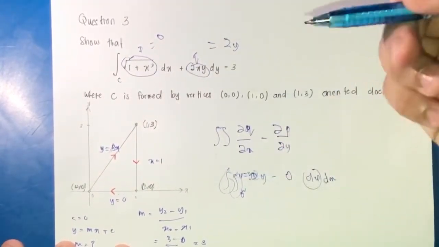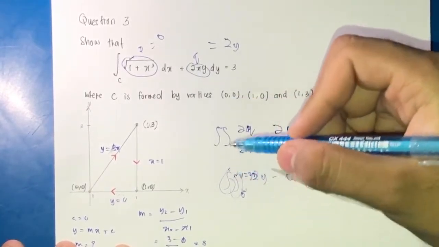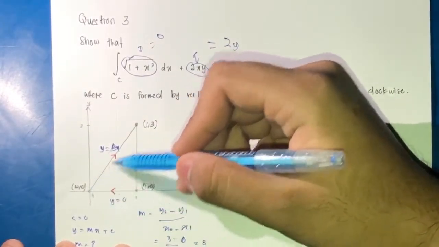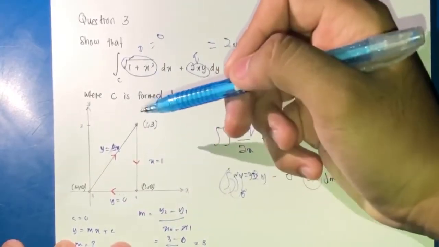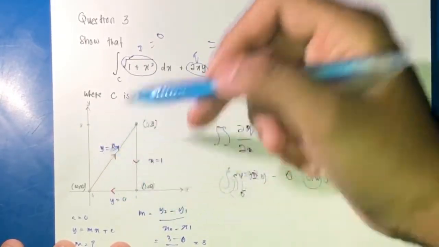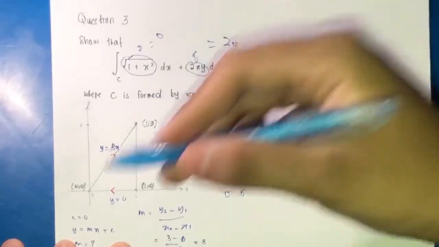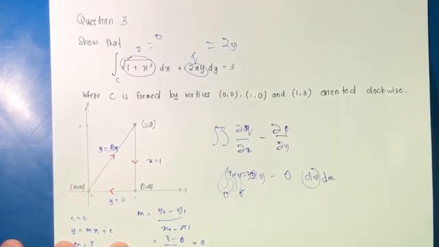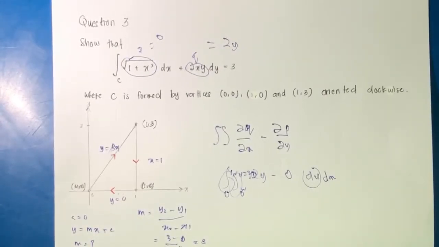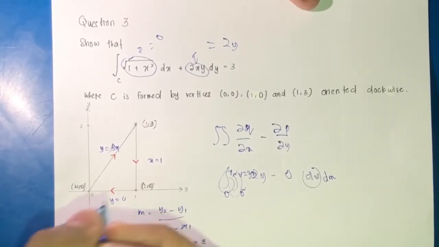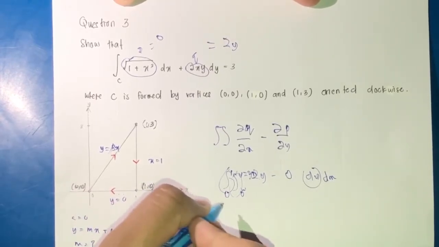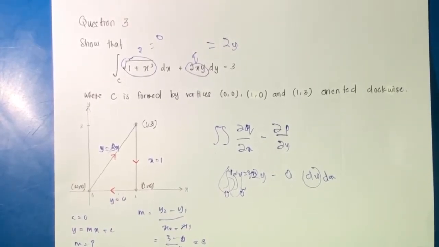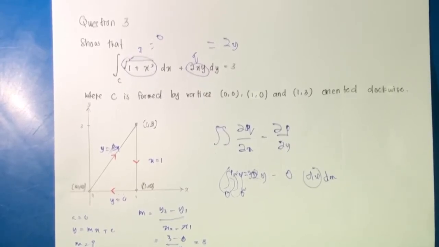And this one is for dx, this x. Since there is no x equation here, we start from 0 and go to 1. So now our integration is like this.